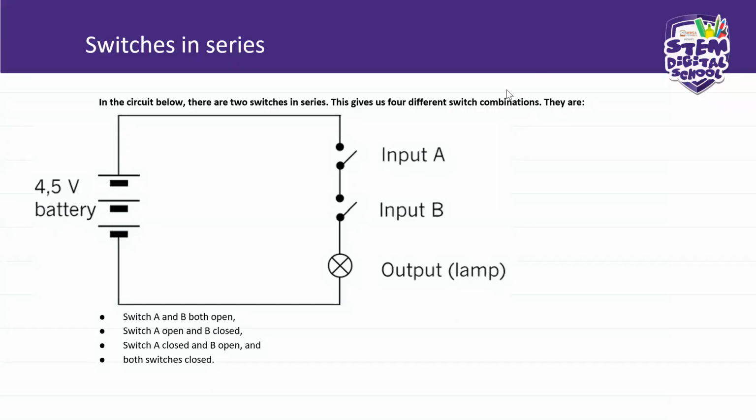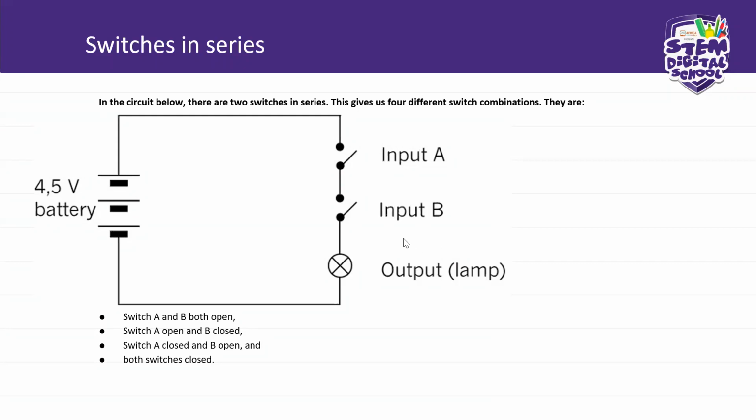We get a 0 because there's no flow of current. Very good, Grade 9. So switch A is closed and B is open. Do we get a 1 or a 0? We still get a 0. Okay. When both switches are closed, what do we get on the output? We get a 1. Very good.